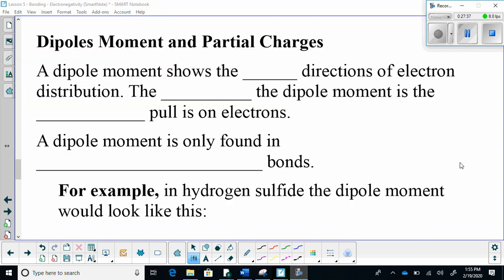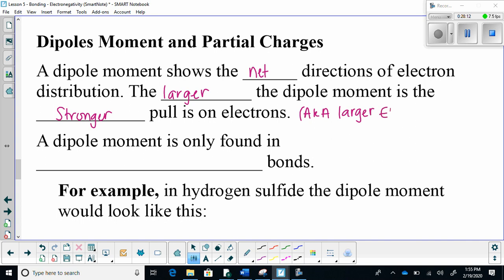A dipole moment shows the net direction of an electron distribution. The larger the dipole moment, the stronger the pull on electrons, aka the larger the electronegativity difference.